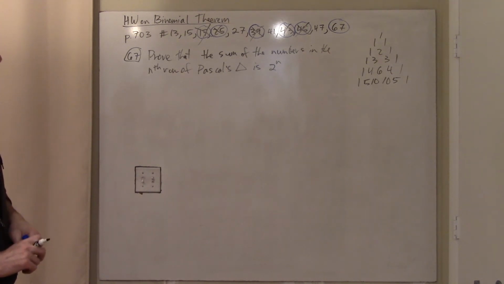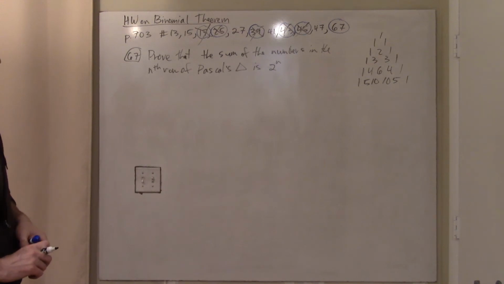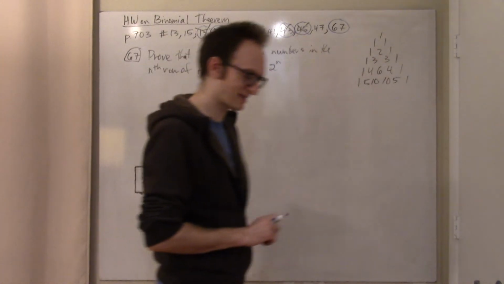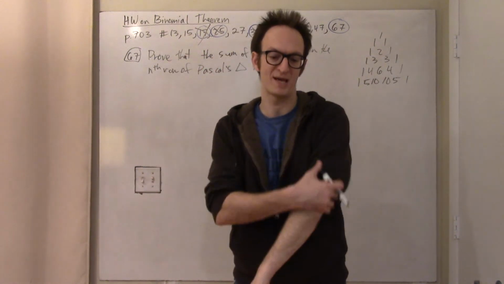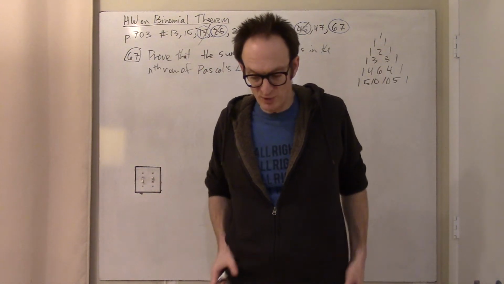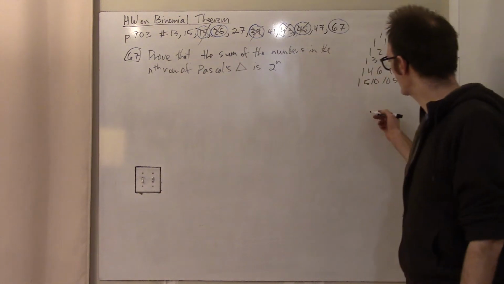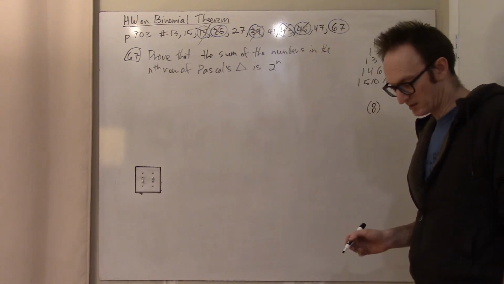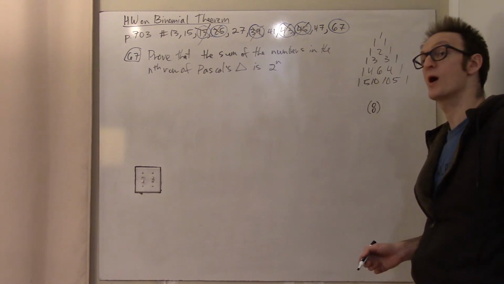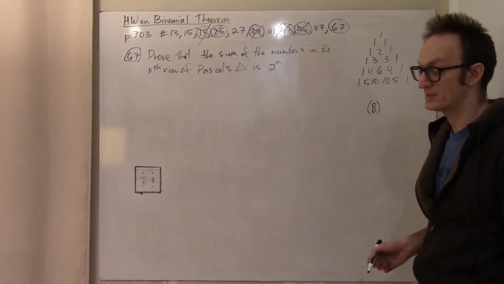But I think the best way to understand this is to not look at this version of Pascal's triangle, but to look at the unsimplified version, because what is Pascal's triangle really? It's the triangle in which you first ask what is the number of ways of choosing 0 objects from a set of 0 objects.